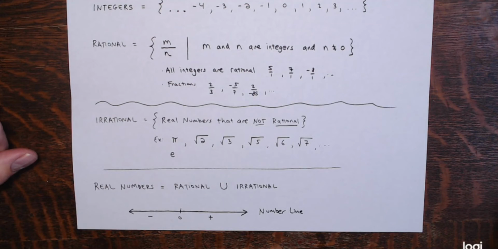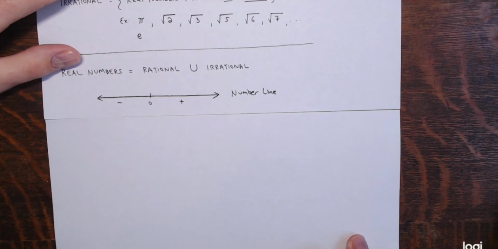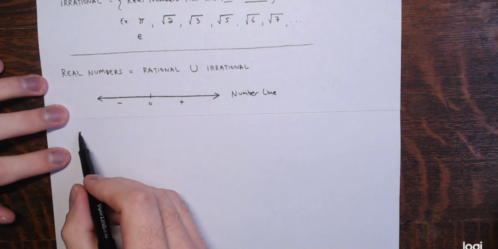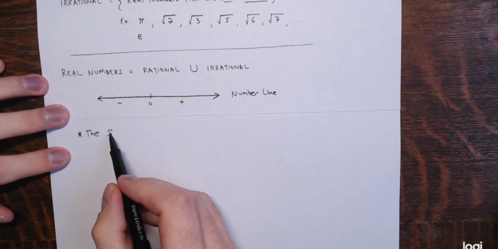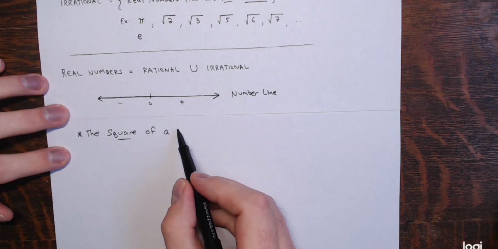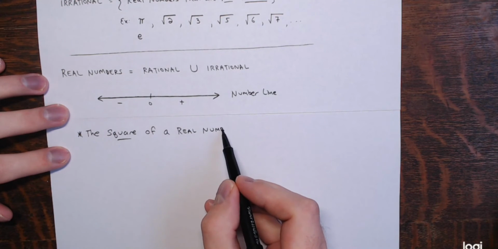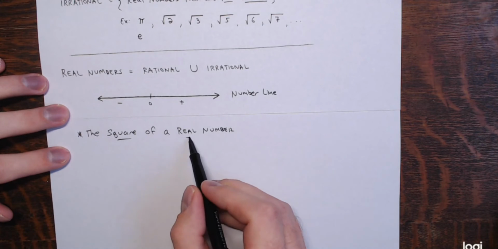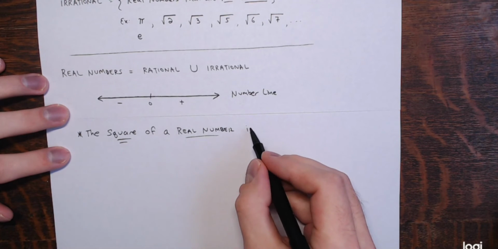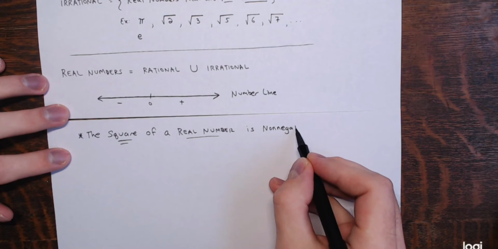Now, the thing about real numbers is that when you square them, you always end up with a non-negative result. Right? The square of a real number is always non-negative.